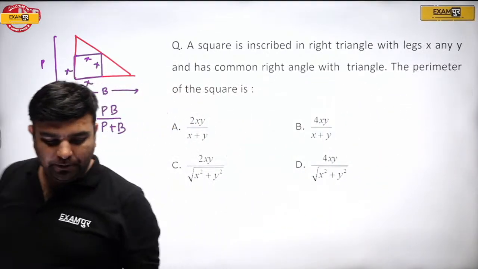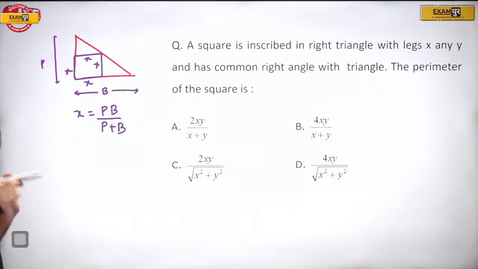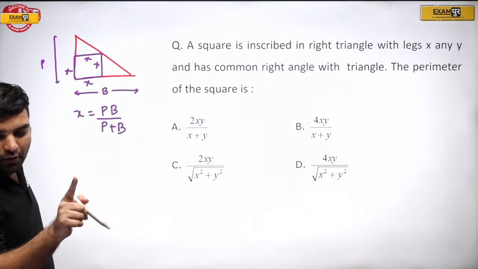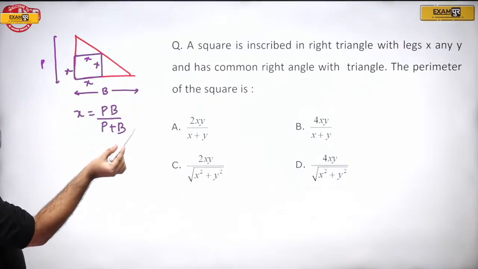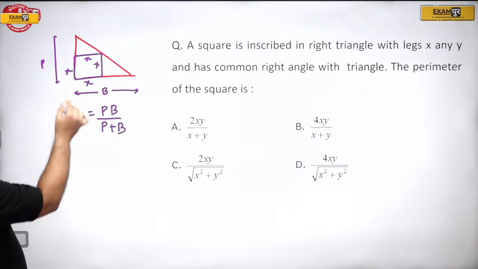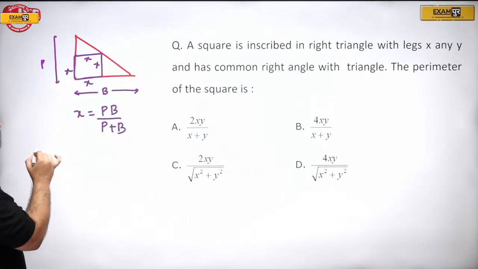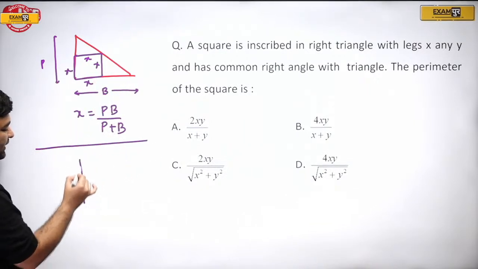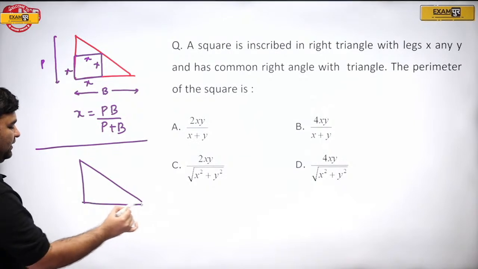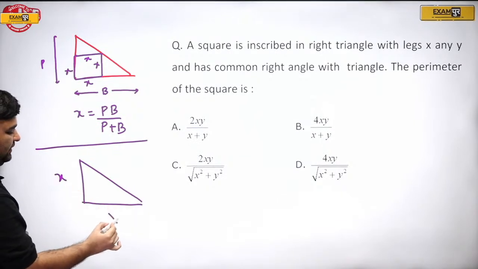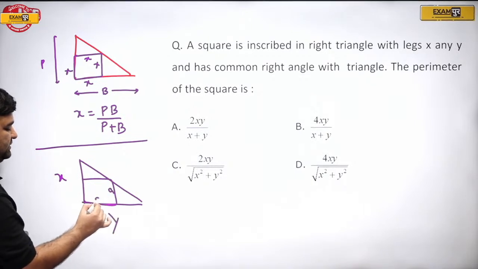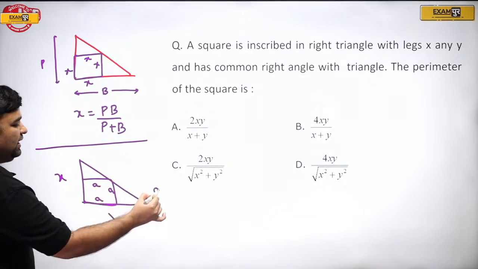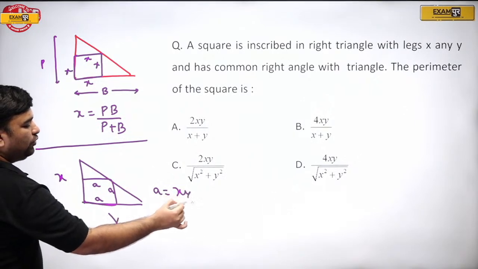Even the derivation part is also very easy. If you will ask, I will do it. If you will not ask, I will skip it. So side of the square, these legs are given as x and y. We would be dealing with it in another diagram. These are x and y and the square has side a. So a is x into y upon x plus y.